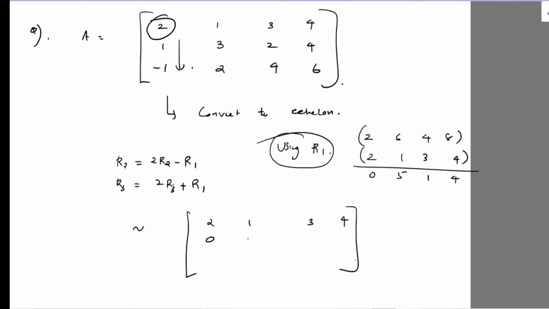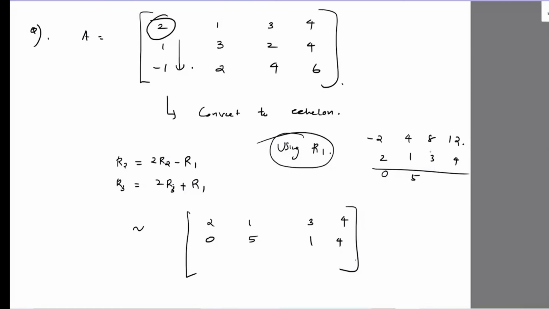That will be the second row. The third row changes to 2R3 plus R1. 2R3 is minus 2 4 minus 2 4 8 12, and R1 is 2 1 3 4. By adding, we get 0 5 11 16. That will be the third row.